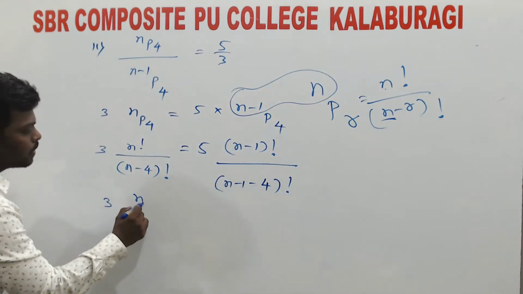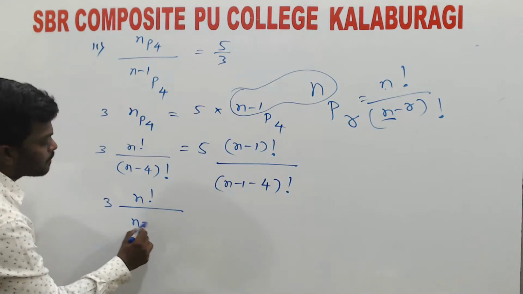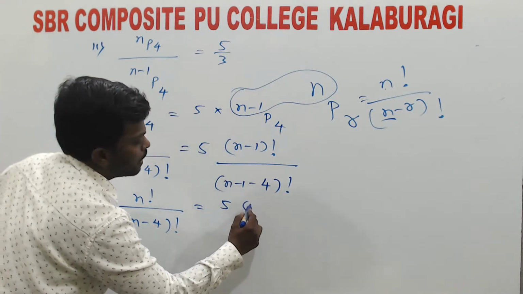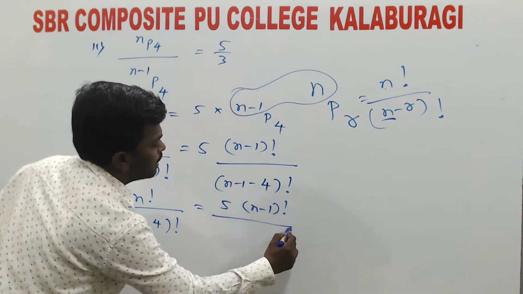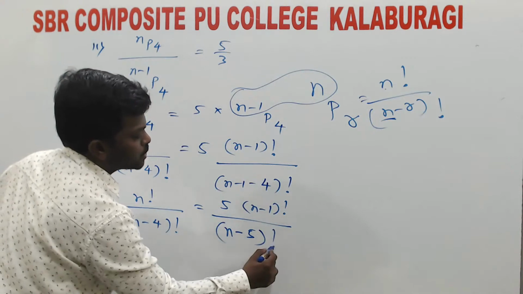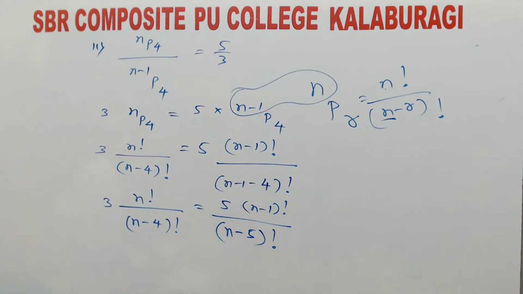So 3 into n factorial by n minus 4 factorial is equal to 5 into n minus 1 factorial divided by n minus 1 minus 4, that is minus 5 factorial, right?